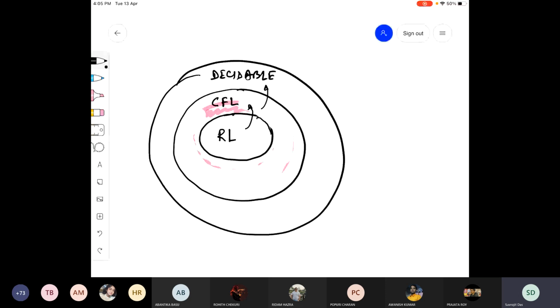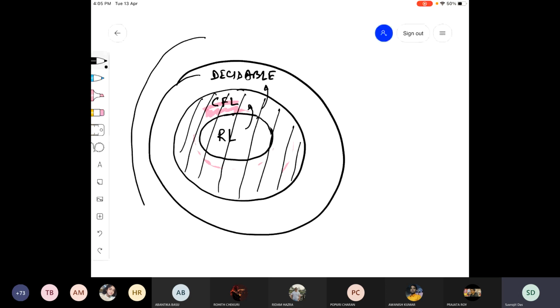So the languages we are most interested in, the context-free languages as a whole and their subclass regular languages, are all decidable languages.